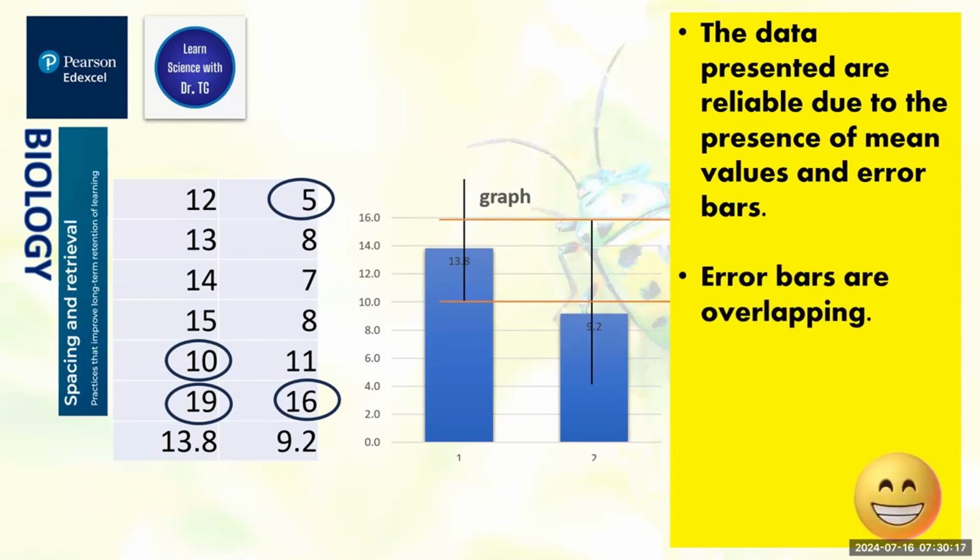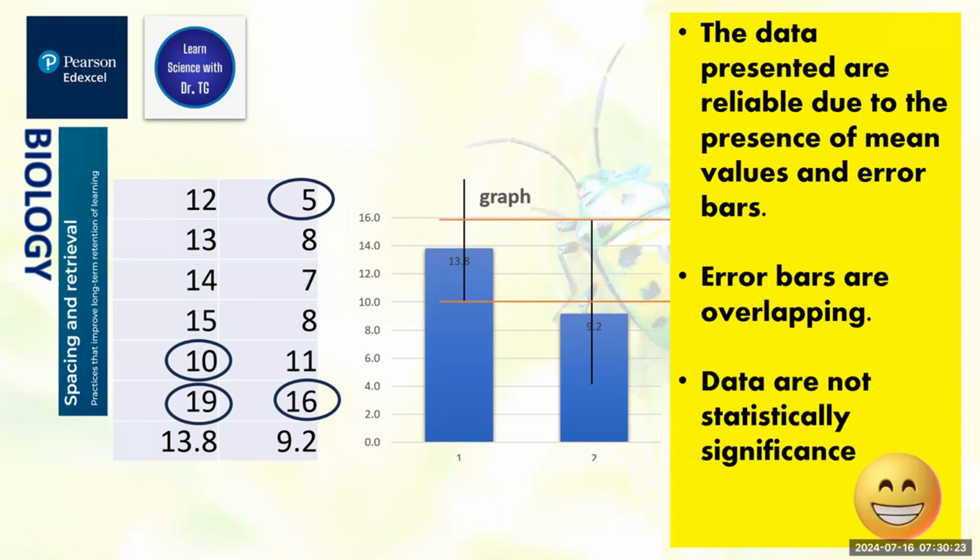The second thing you have to write in statistics is that the error bars are overlapping. The last thing, you make a conclusion: data are not statistically significant. That means this data cannot be used because they are not statistically significant. If we use this as a medicine, we can't use this medicine, as it doesn't show statistical significance. Then the only thing is they have to change the experiment or change the concentration. Again, they have to repeat in a different way.